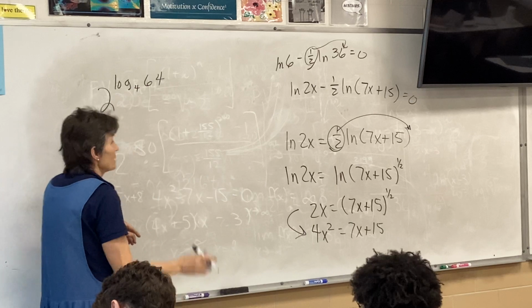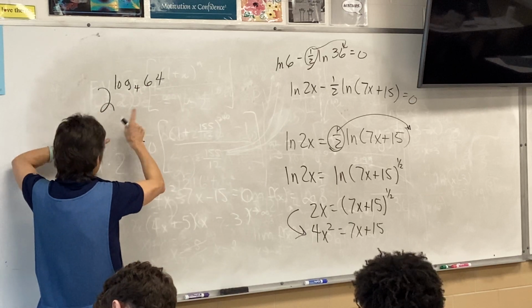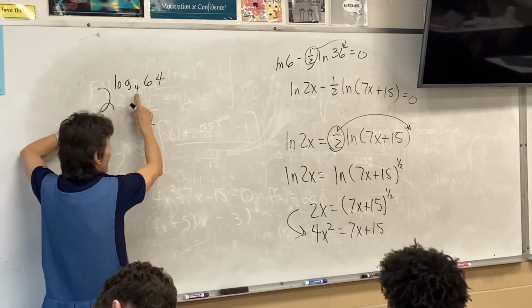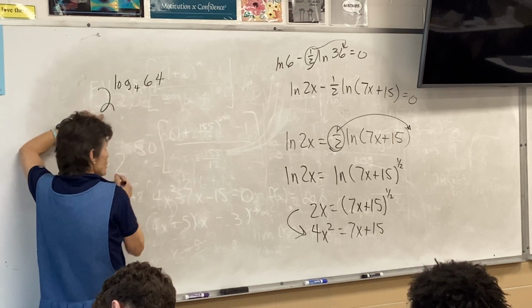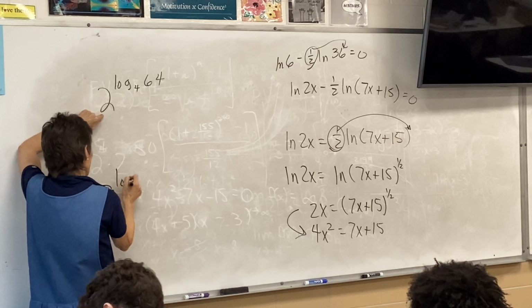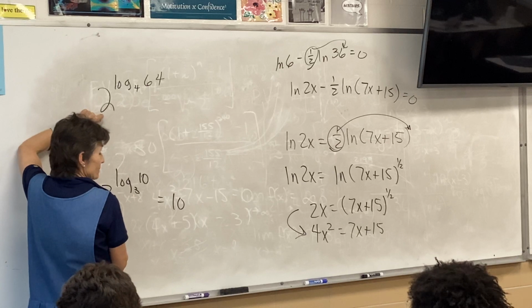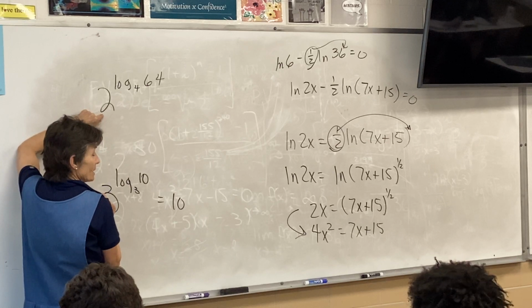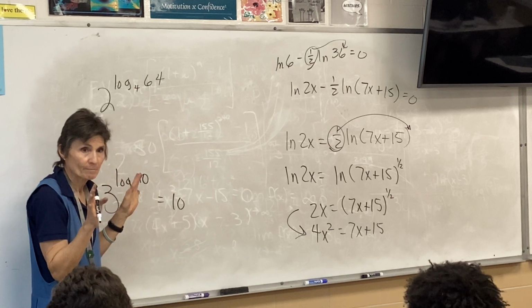So, remember, there's a property of logarithm that says if these two match, then the answer is just that, right? So if this were 3 log base 3 of 10, the answer would be 10. That's a property. When they don't match, you can't use that property.